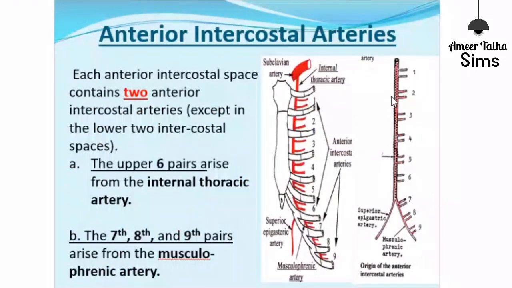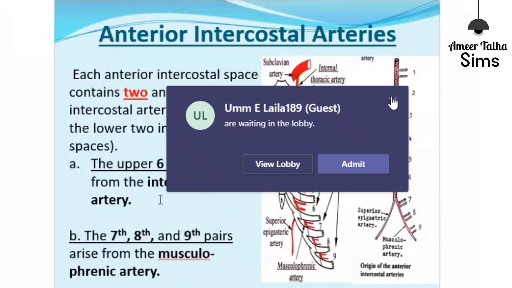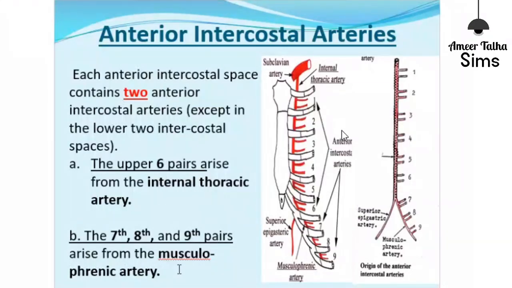Anterior intercostal arteries: anteriorly we have 9 intercostal spaces, so that's why we have 9 anterior intercostal arteries, and in the costal space we have 2 anterior intercostal arteries except in the lower 2 intercostal spaces. The upper 6 pairs arise from the internal thoracic artery and the 7, 8, 9 pairs arise from the musculophrenic artery.